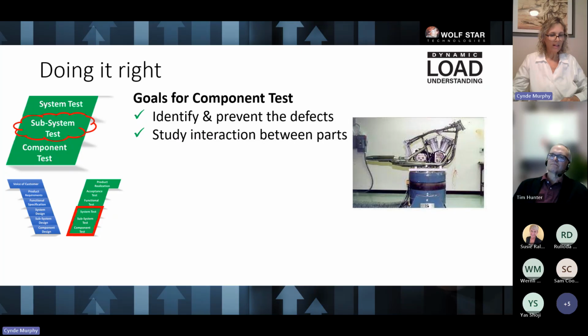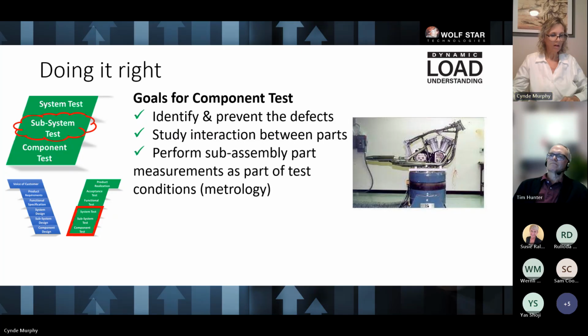It could include fasteners that assess fatigue, fretting, ultimate failure. And then during subassembly testing, parts or interaction measurements can be taken to understand tolerances. Also, changes in part-to-part interaction for repeatability is a goal.